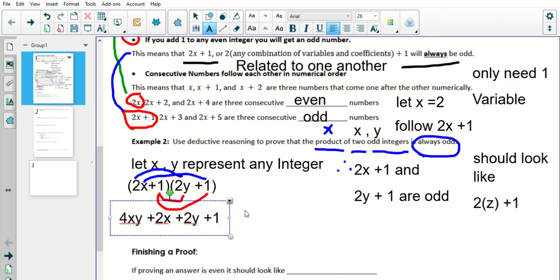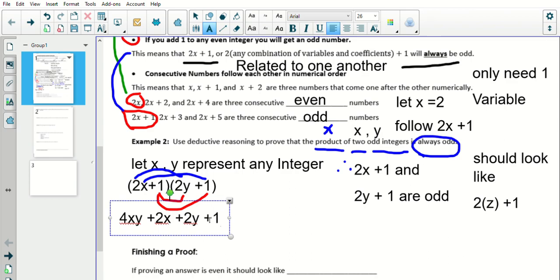And if I'm looking at that, and all of you know you're supposed to give things in simplest form, I have no like terms I can combine. There's none, right? I have xy, I have x, and I have y, and I have a constant. Really limited on what I can do.